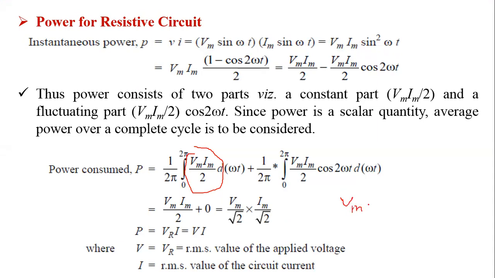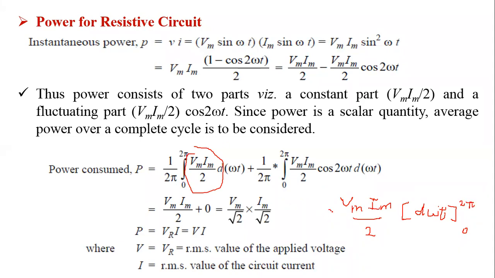Vm Im upon 2 is constant, and d omega t is the integration, and the limit is 0 to 2 pi.